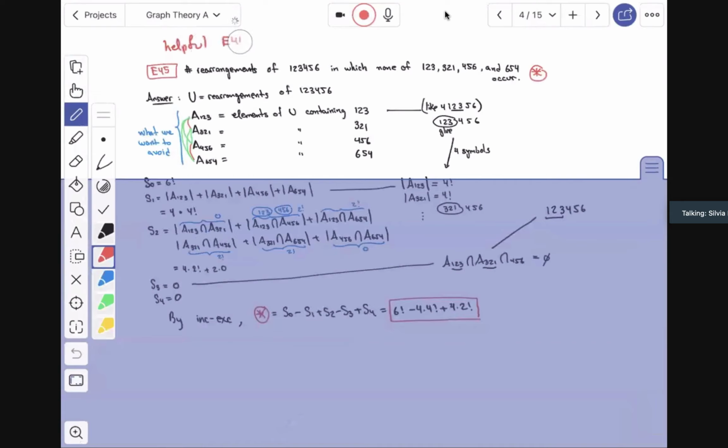E44, E46, they're very similar. So you can practice and see if you get the same thing. E48. Maybe even, it's a little bit different, but 33 to 36.